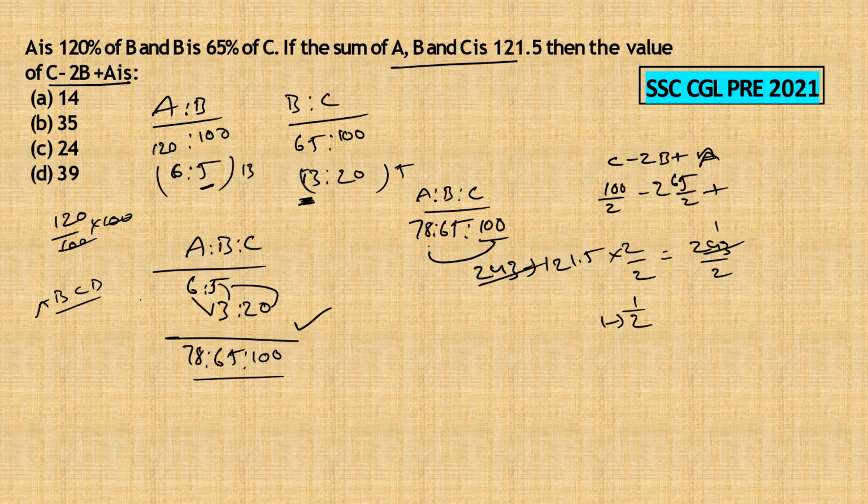That is 78 by 2, equals 100 by 2 is 50, minus 2 into 65 by 2, that is minus 65, not plus, minus 65, plus 78 divided by 2, that is 39. By solving it, you get 50 minus 65, that is minus 15, plus 39. The answer is 24. That is option number C.